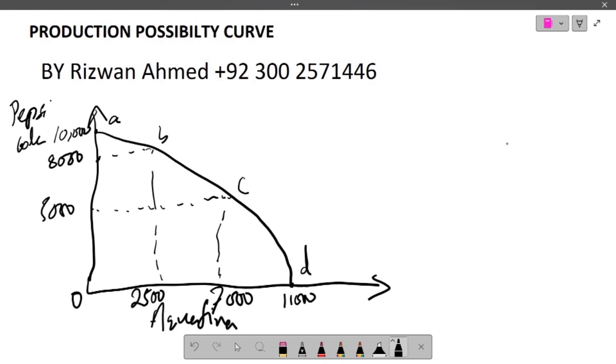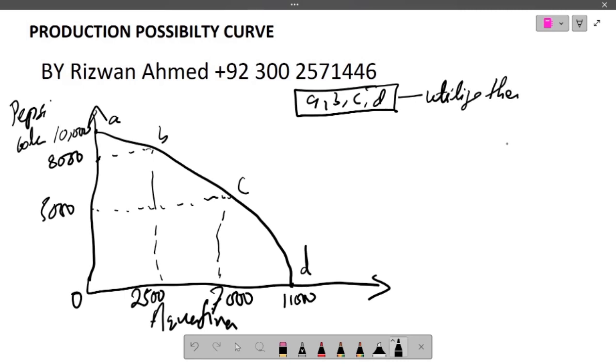So what do points A, B, C, and D show? They show that the Pepsi company utilizes its resources efficiently. If they utilize their resources efficiently, they get these possible points, A, B, C, or D. These are basically the combinations.